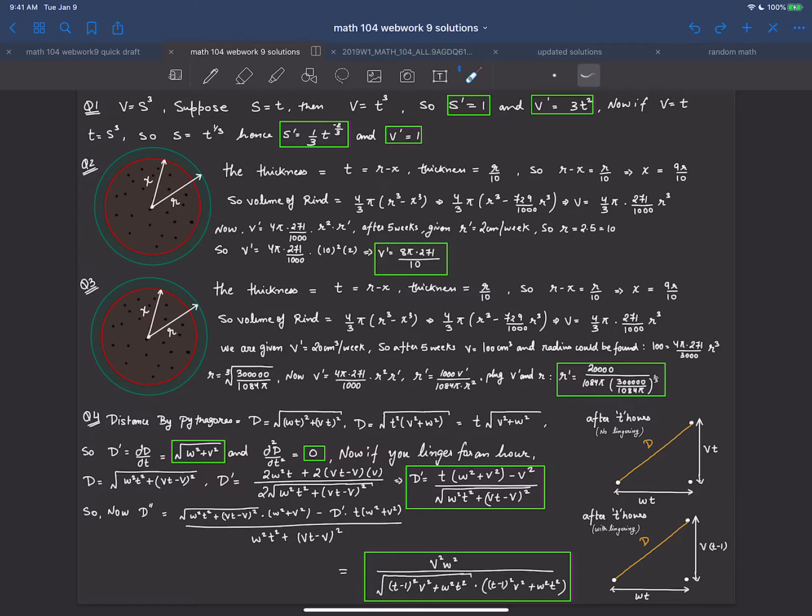Now, to do that, we're going to follow a three-step approach. Every time you see a problem, the first step would always be to find the relationship between the quantities that are actually changing. There are going to be some quantities that are constant and some that are changing, so you have to figure out which ones are changing and associate a relationship between them.